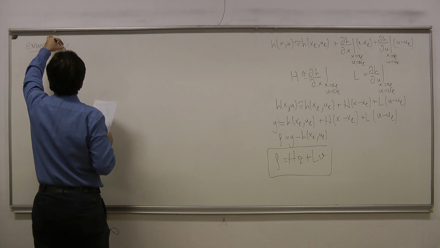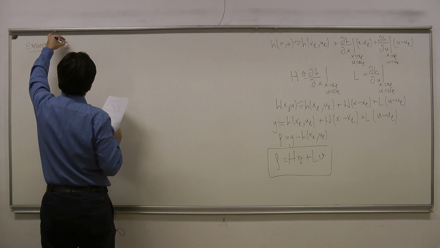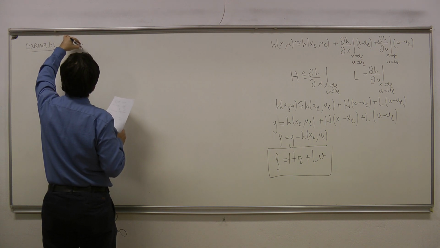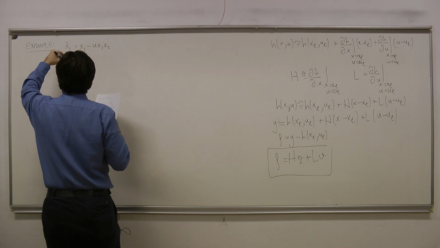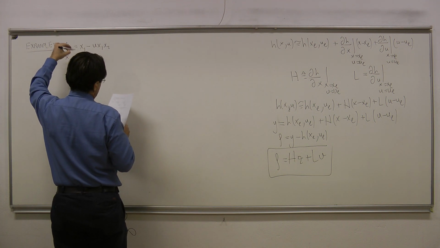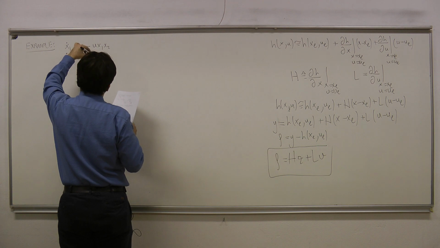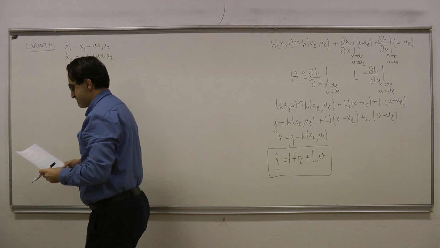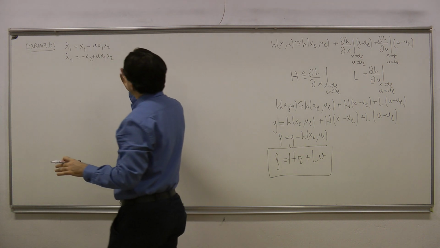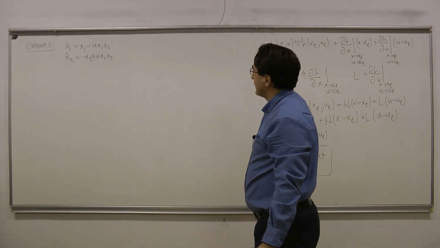In this case, the equations are given to us as follows. x1 dot is equal to x1 minus u x1 x2, and x2 dot is equal to minus x2 plus u x1 x2. Okay? So you see that this is a variation of Volterra's predator-prey system.